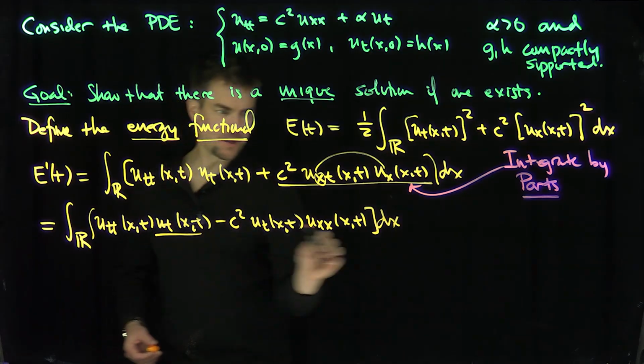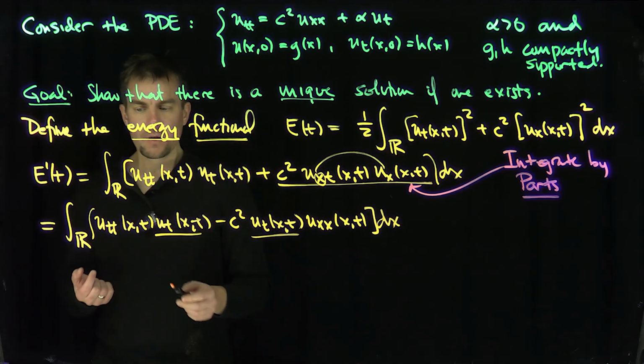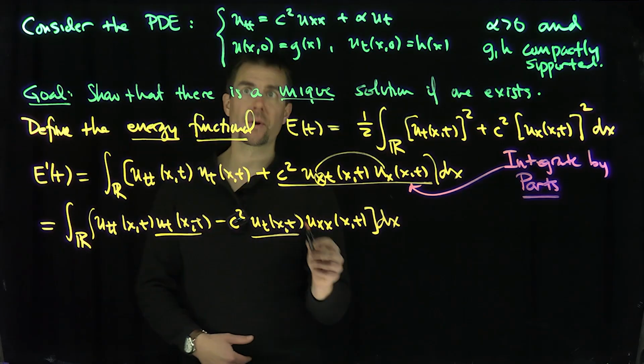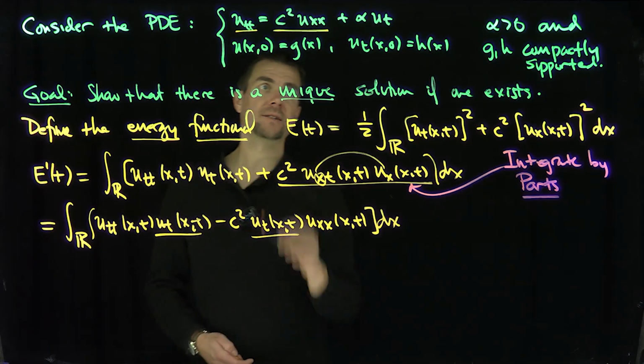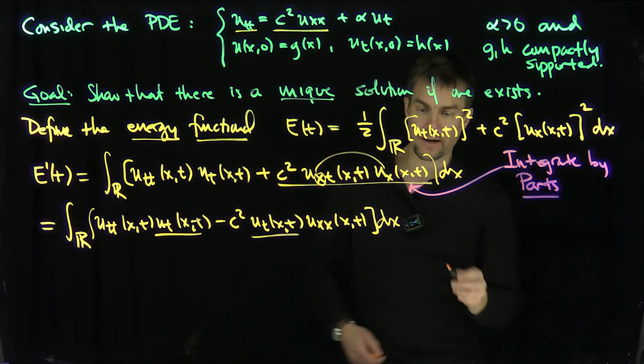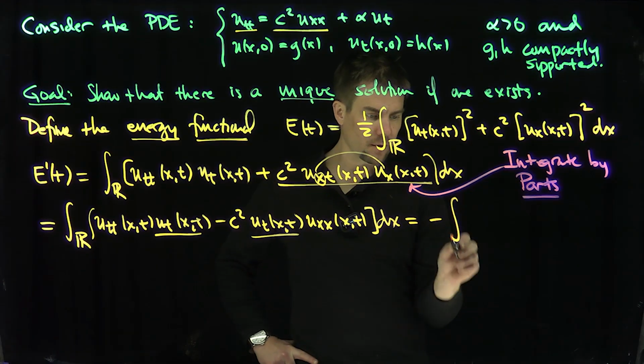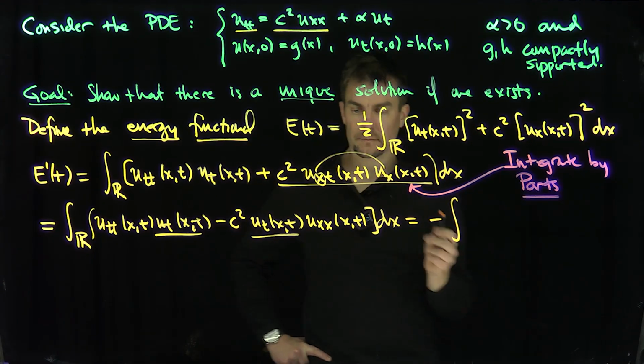They have a common factor of u_t, so pull that out. Then I have u_tt minus c squared u_xx, and that is alpha u_t.